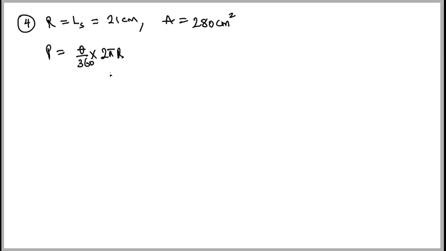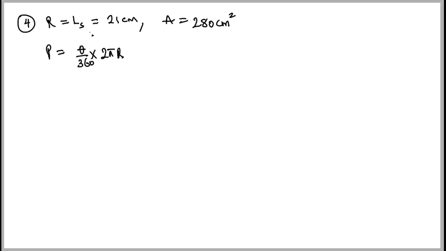So let's plug in. To find the perimeter, we need theta, which we don't have in what was listed. Our pi is 22 over 7. Our R is 21. So we need theta here to proceed, else we cannot work with this. So how can I get theta?